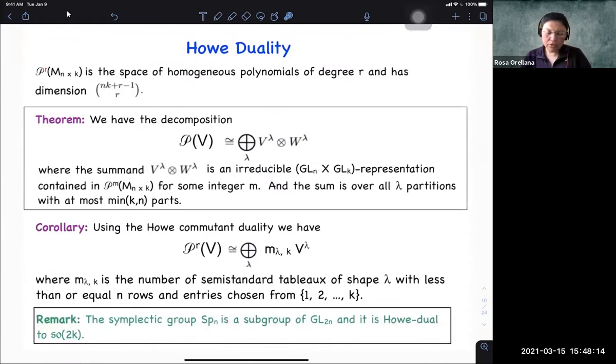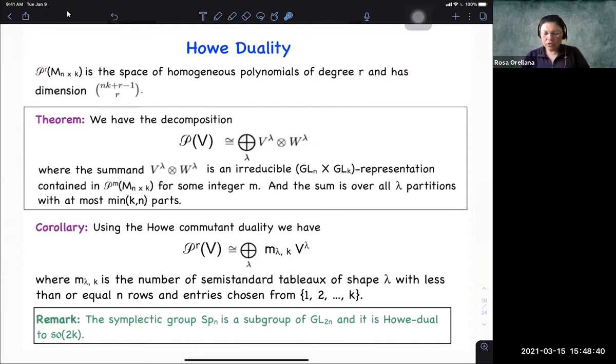I want to remind you that the vector space breaks into homogeneous pieces. These are all the polynomials of degree R in these variables, and the dimensions are given by multisets, where R is the degree of the polynomials.